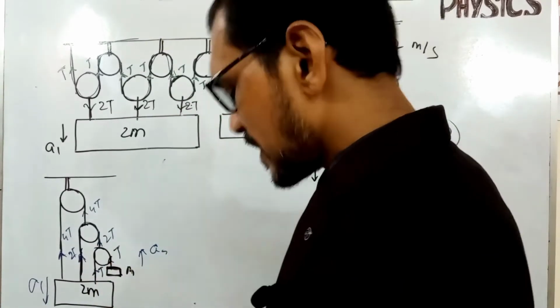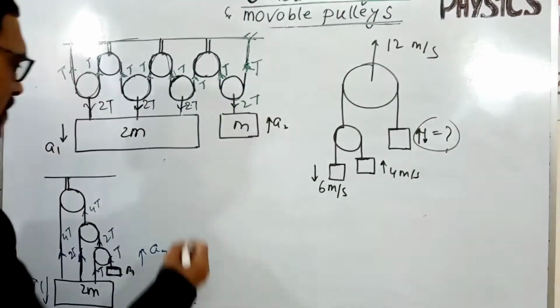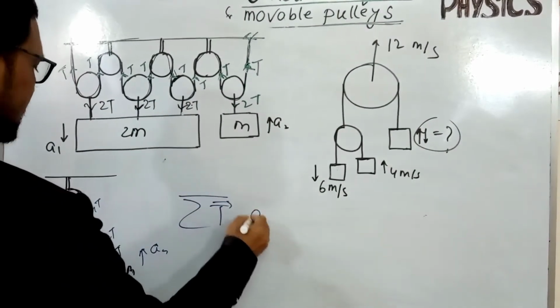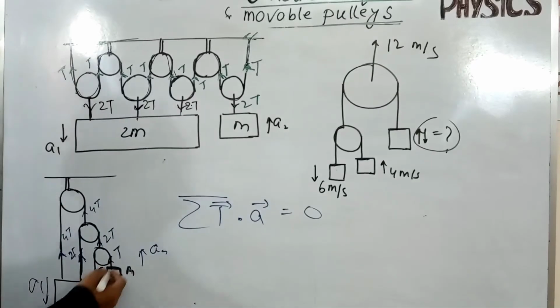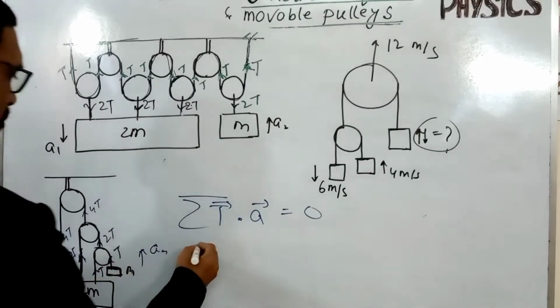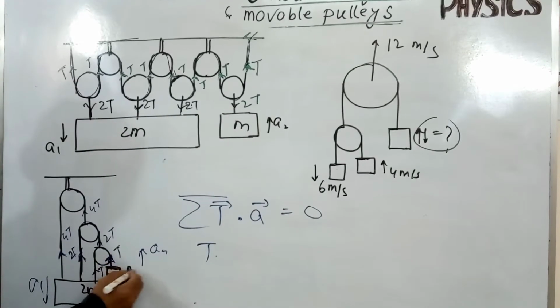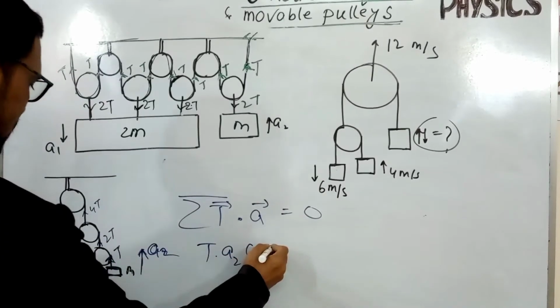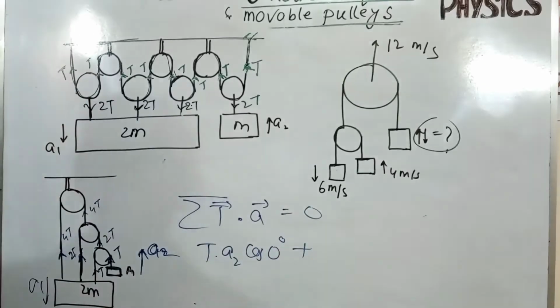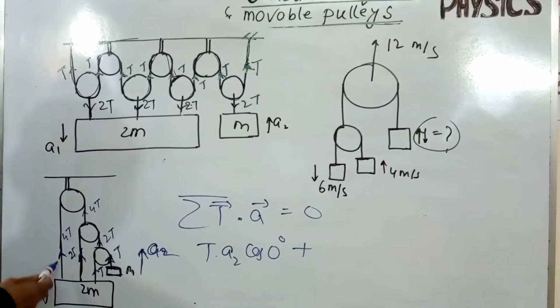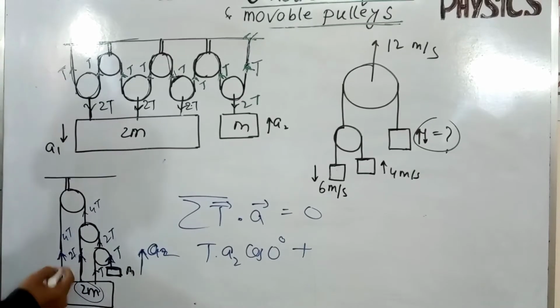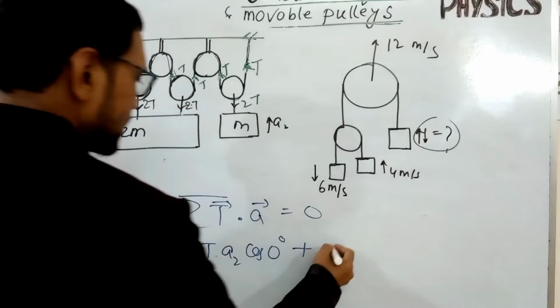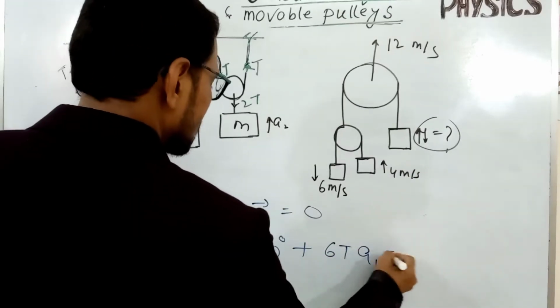Now if we apply the sum of T dot A equals 0, what result do we get? For mass M, T is in this direction and acceleration is along this direction, A2, so T into A2 cos 0 degree, plus the total tension acting on the block of mass 2m. The total tension is 4T plus 2T plus T, total 7T, into a1 equals 0.